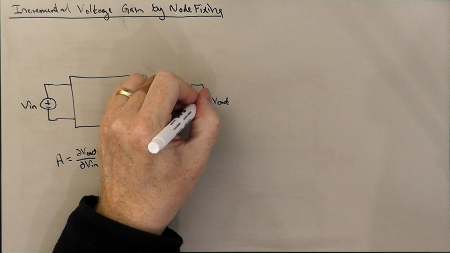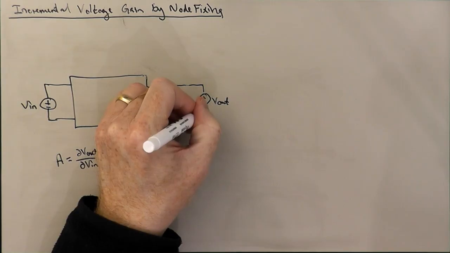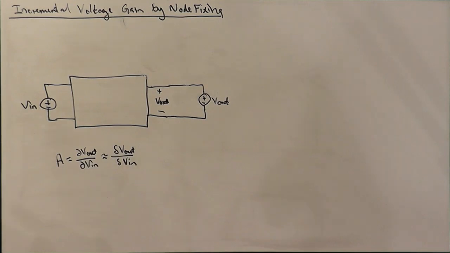And so, instead of letting the output voltage do what it wants to, we're now constraining the output voltage. And this is the idea of node fixing. We're fixing the output voltage, which might be a node in the circuit.